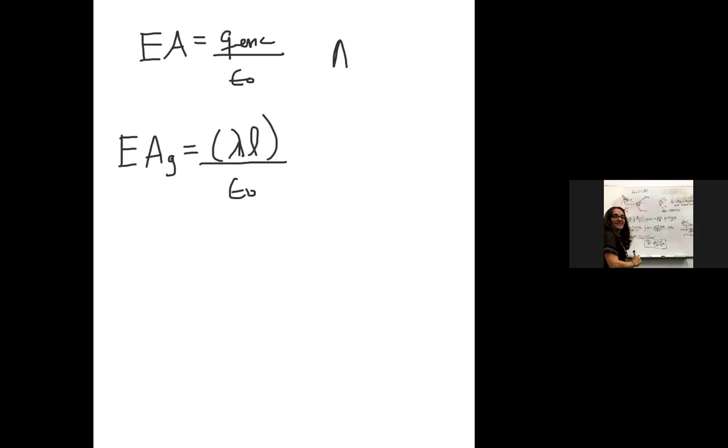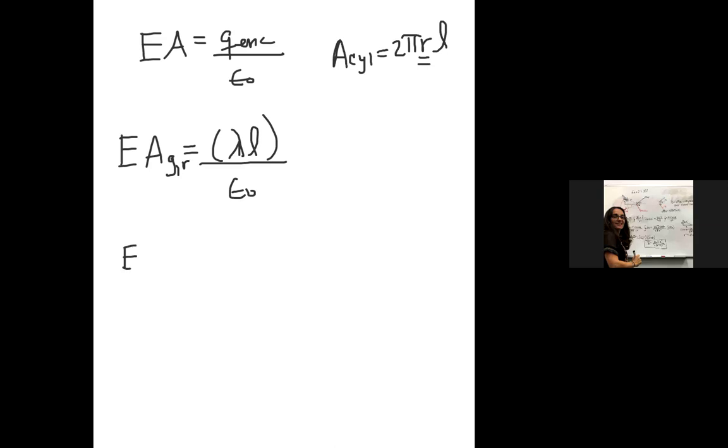The area of a cylinder is 2 pi r times the height. Is my Gaussian at r? Yeah, remember, I place my Gaussian at r.